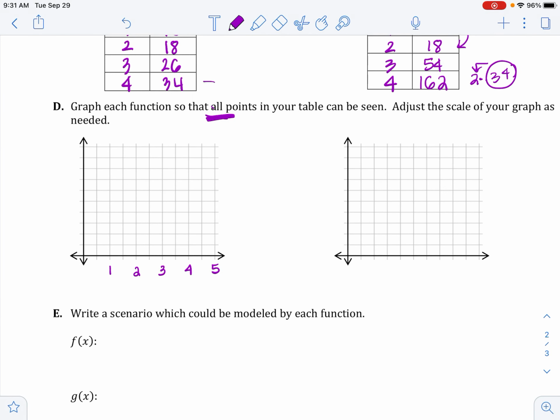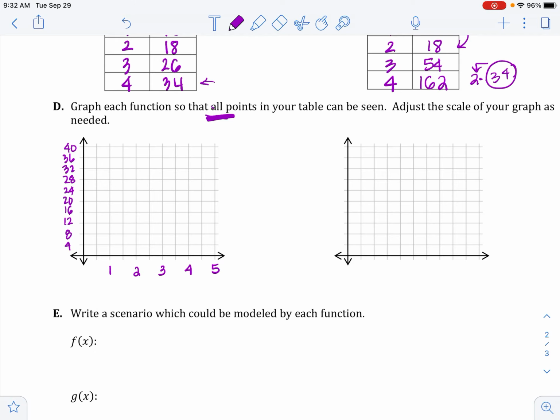Okay, so now I look and I say that I have to get up to 34. If I have to get up to 34, that means I can't go by 1s on my y-axis, right? So I want to go by 4s, because that way I can go up to 40. 4, 8, 12, 16, 20, 24, 28, 32, 36, 40.